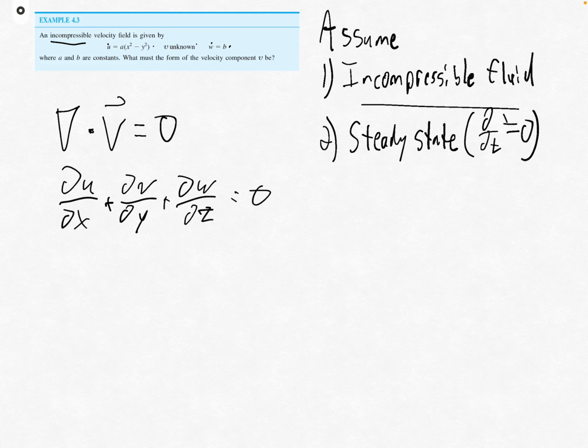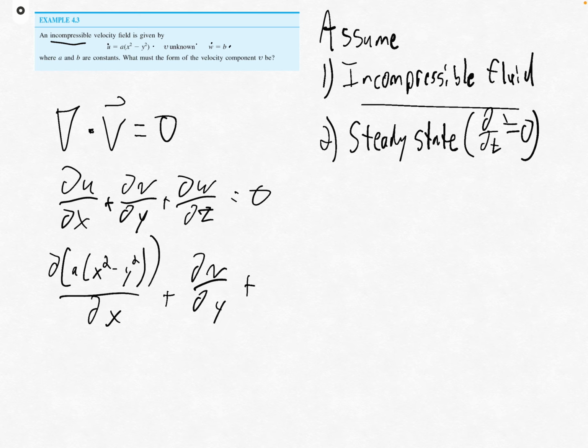So du dx is going to be the derivative of a times (x squared minus y squared) with respect to x, plus dv dy, plus the derivative of b with respect to z, is equal to 0. And we'll see that b is a constant with respect to z, so this is just going to be 0.